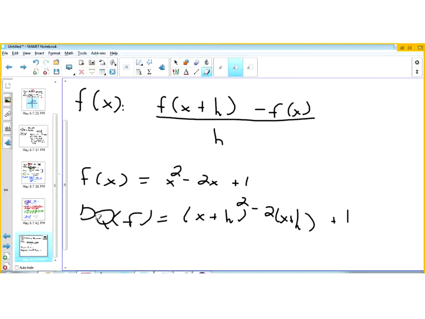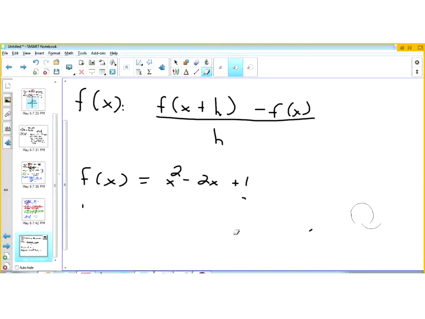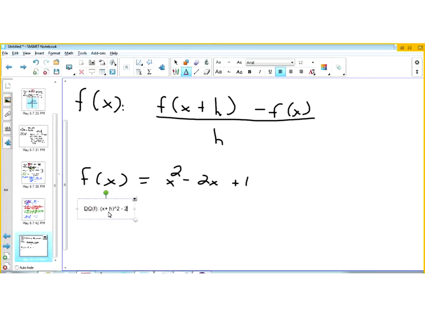Perhaps I should type this out. This is looking a little bit messy here. So let me go ahead and type it out in a text editor. So difference quotient of f. That would be (x plus h) quantity squared minus 2 times (x plus h) plus 1. Okay, so that would be the numerator. And we take all of this and we divide it by h.